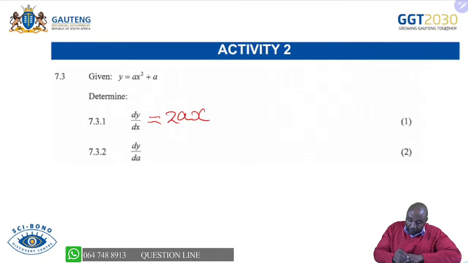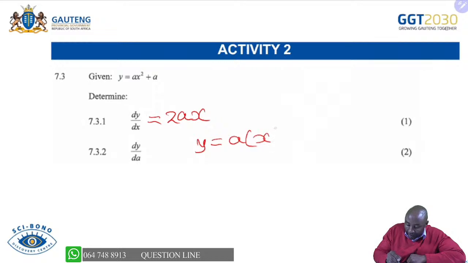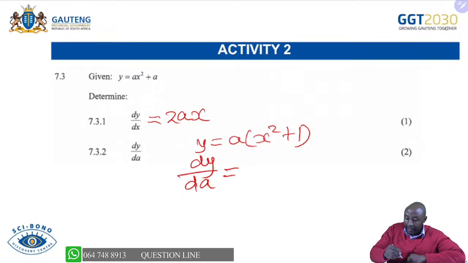So we must first of all do the manipulation. We'll get our y as a is a common factor. We remain with x squared plus 1. So dy dA means we are finding the derivative with respect to a, and x squared plus 1 becomes the coefficient of this a if you are looking at it from that point.